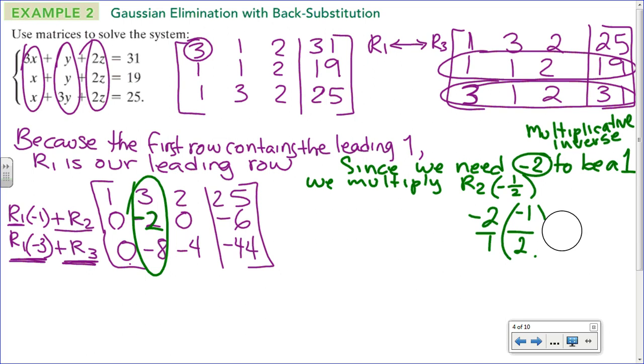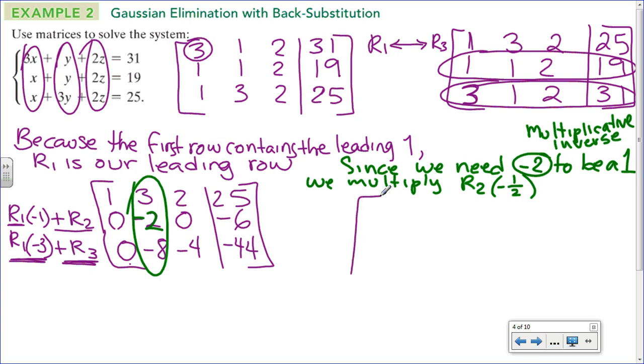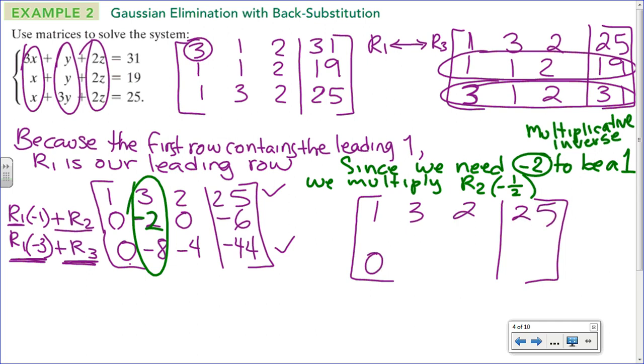So anytime you are trying to make a 1, you will rely on the multiplicative inverse. And when you're trying to make a 0, then you will rely on the additive inverse. Okay, so R1 and R3 will remain the same, so let's just copy them from here and here. Okay, and we're saying R2 times negative 1/2.